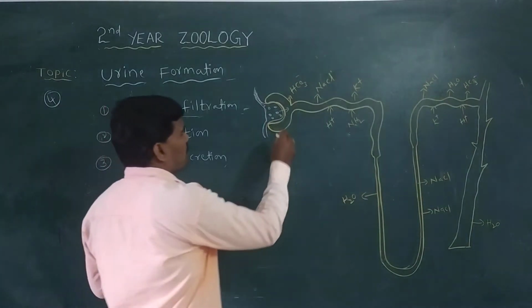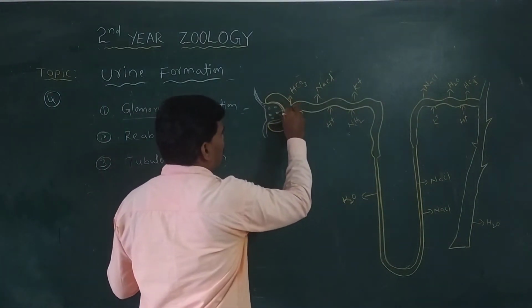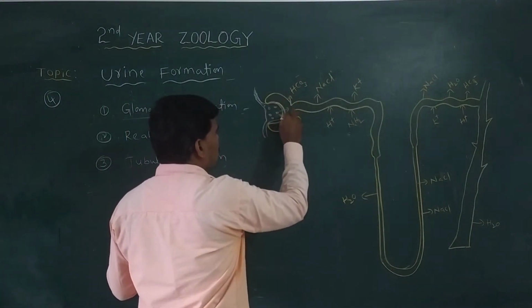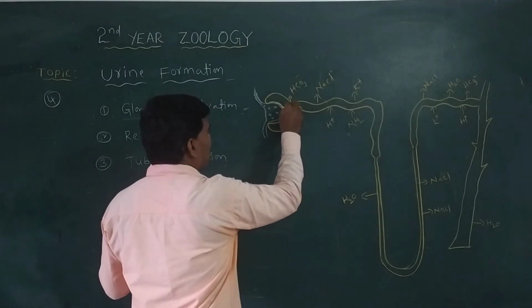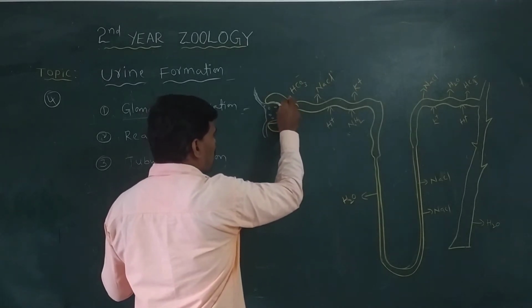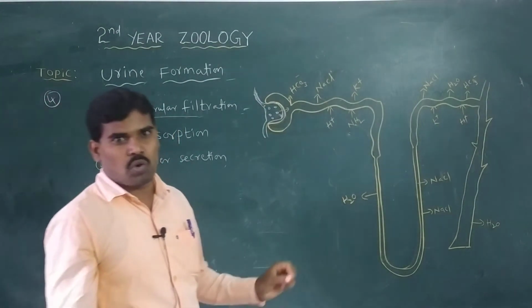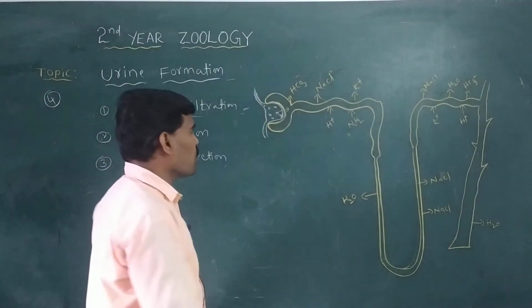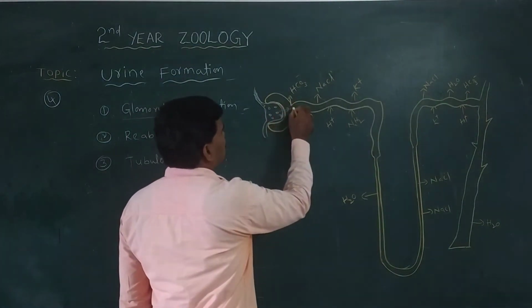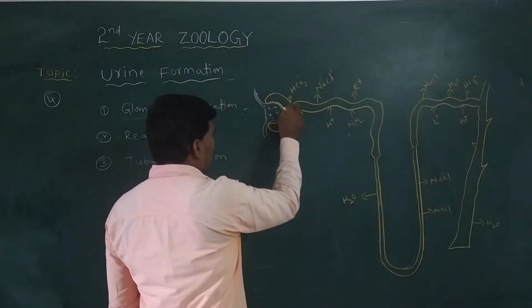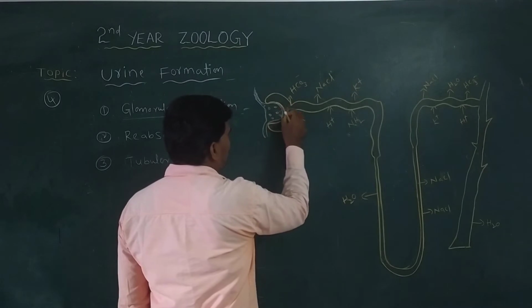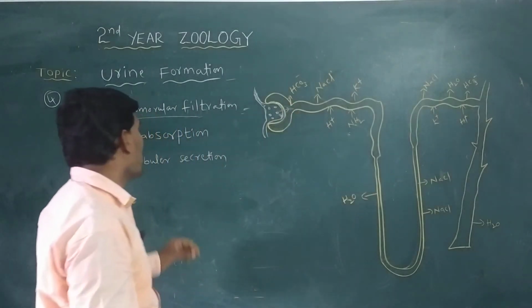The pressure acts on the glomerulus. Between the Bowman's capsule wall and the glomerulus wall, thin, minute and numerous pores are present. Filtration from the glomerulus into Bowman's capsule through these pores is called ultrafiltration.